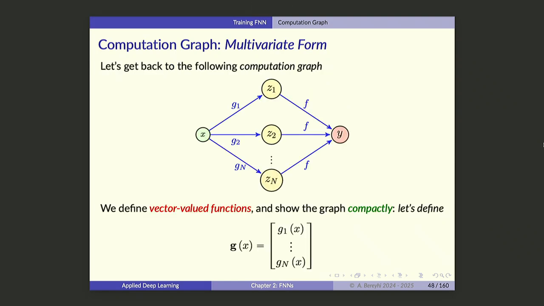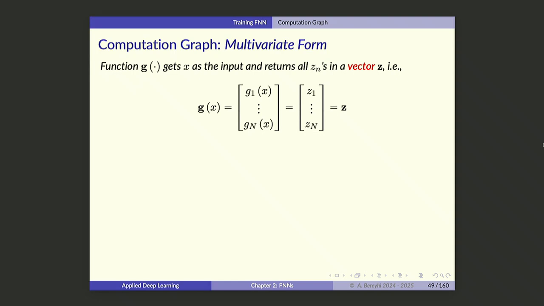And then I think of a general function, which is a vectorized function. It gets x, and it gives me n different outputs. I show it with this g, boldface, to indicate this is a vector. And what I can say is that z is a function of x using this vectorized function g.